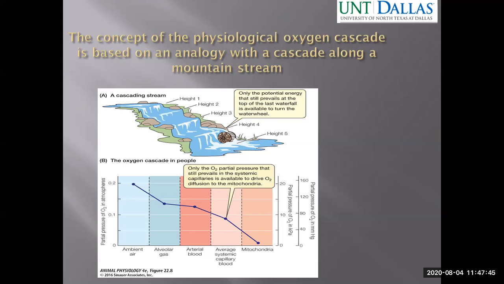So why is the partial pressure that's plotted in an oxygen cascade important? The answer is that it is an essential concept for having a full understanding of the physiology of oxygen transport. Mitochondria of an animal are where the oxygen is ultimately used, as we have already seen in the last figure.